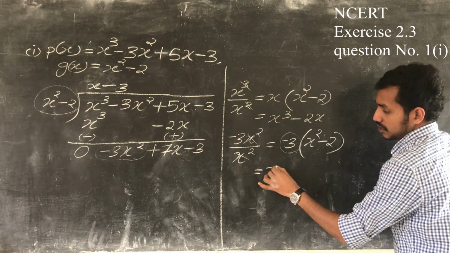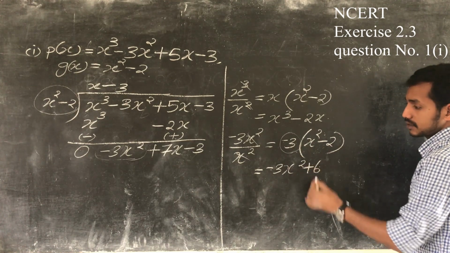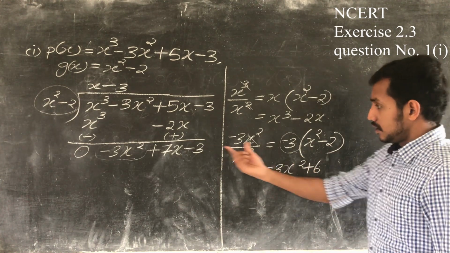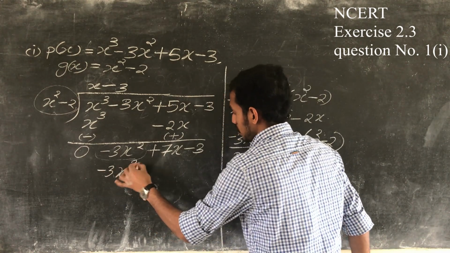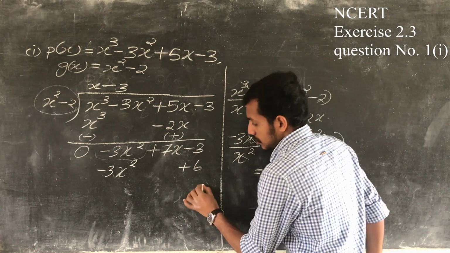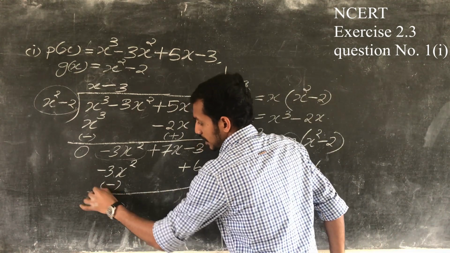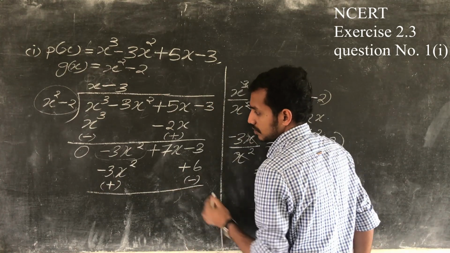minus 3 into x square is minus 3x square, minus 3 into minus 2 will be plus 6. Place it here, minus 3x square plus 6. Change the sign, minus will be changed into plus, and plus will be minus.